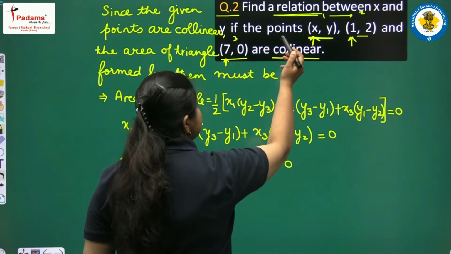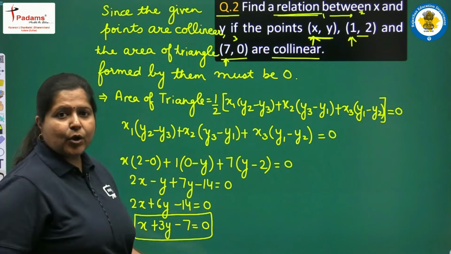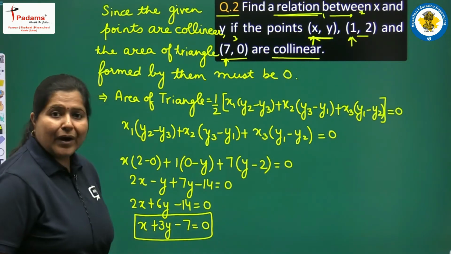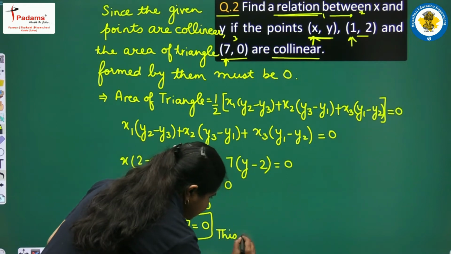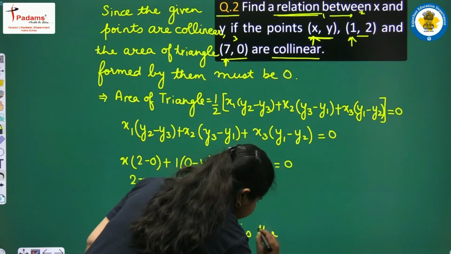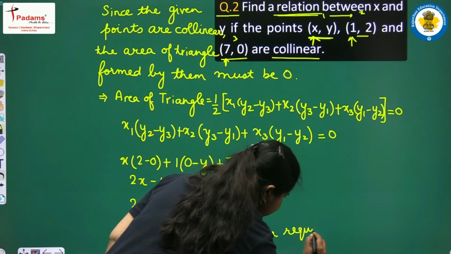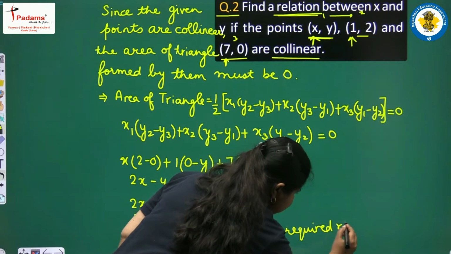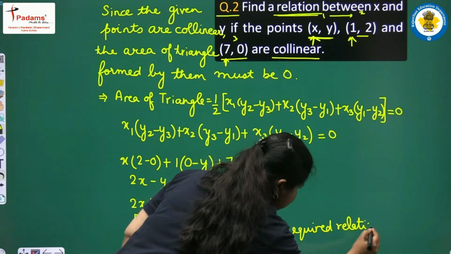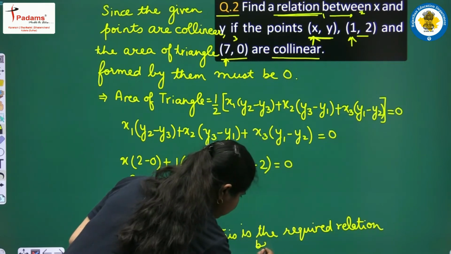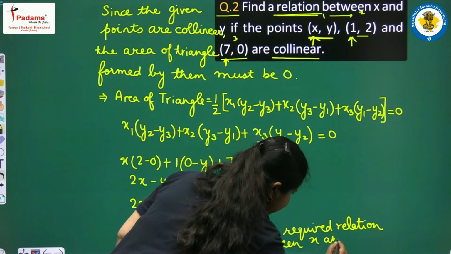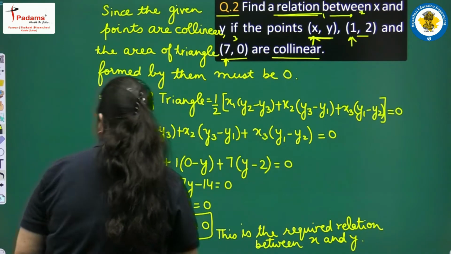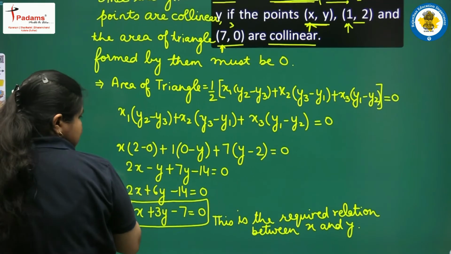Find the relation between x and y if the 3 points are collinear, and this is the required relation between x and y. I hope it is very much clear to you.